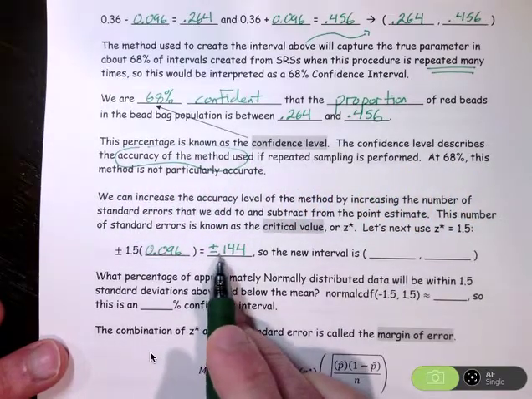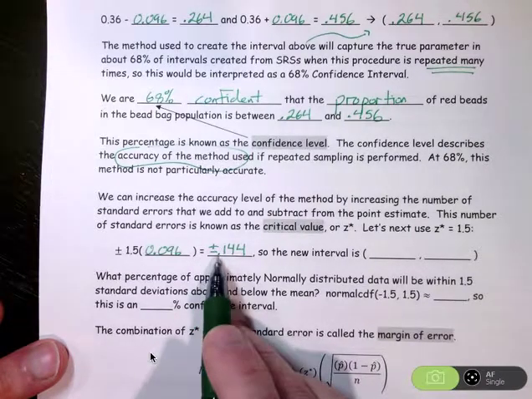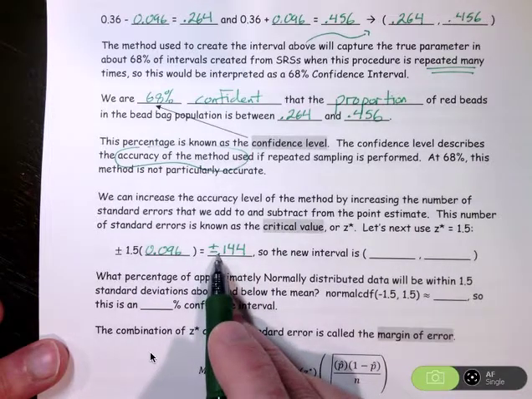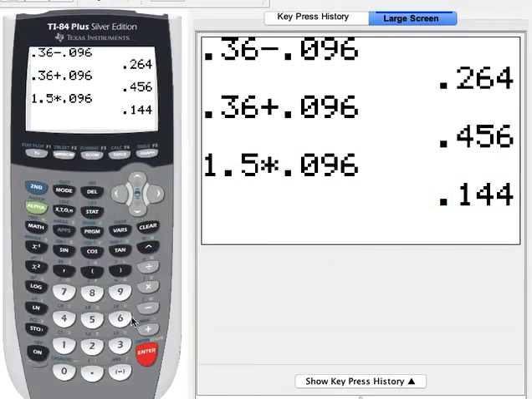This 0.144 has a special name that we're going to talk about in just a second, but I'm going to add the 0.144 to the 0.36, and subtract the 0.144 from that 0.36 and create our new confidence interval.